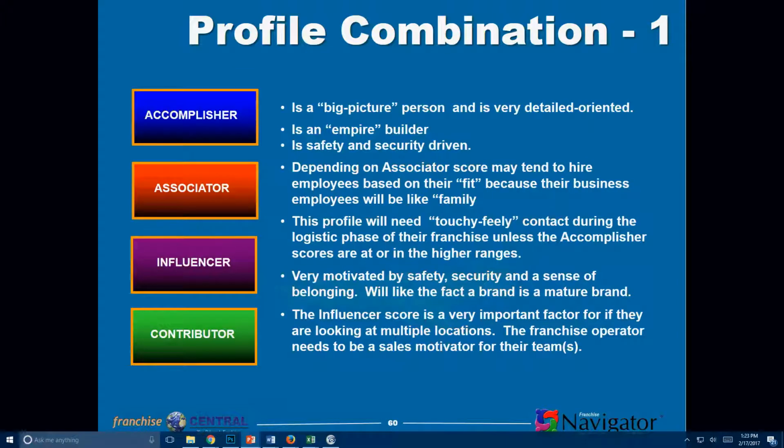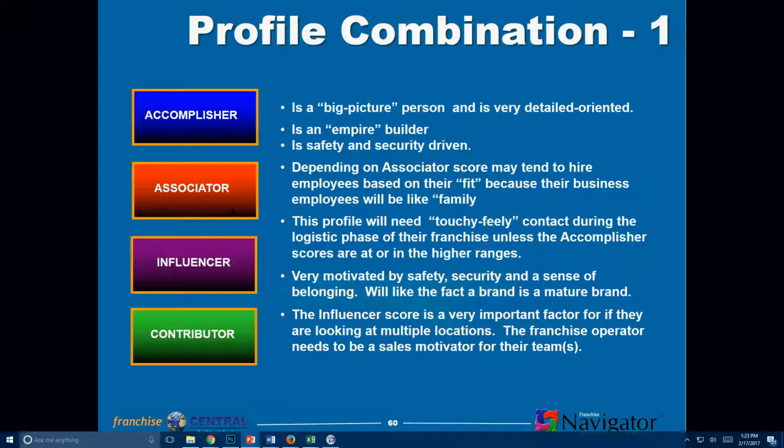So, if we were to look at this, the accomplisher, associator, influencer, contributor, definitely a big picture person. Very detail-oriented as a result of the associator. Empire builder, but yet safety and security is important to them. And depending upon the associator score, they may tend to hire employees based on fit, not necessarily competencies.